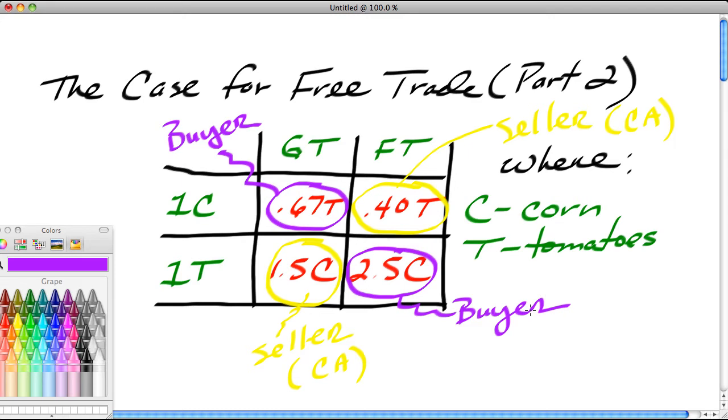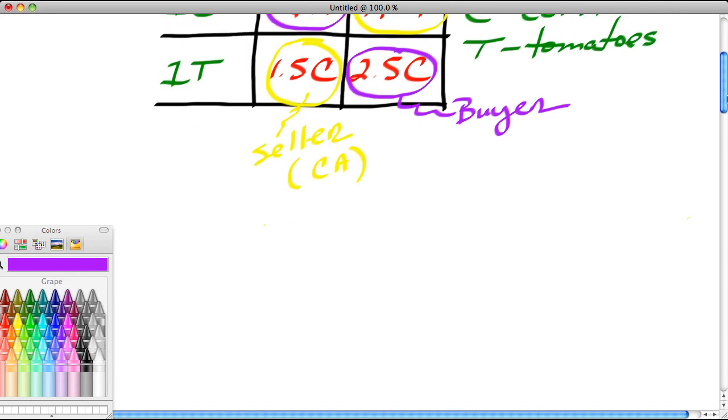So we see very quickly that this table basically sets up a buying-selling situation, which is a market. There's going to be a market here for corn because there's a buyer and seller of corn, and there's going to be a market here for tomatoes because there is a buyer and seller of tomatoes.